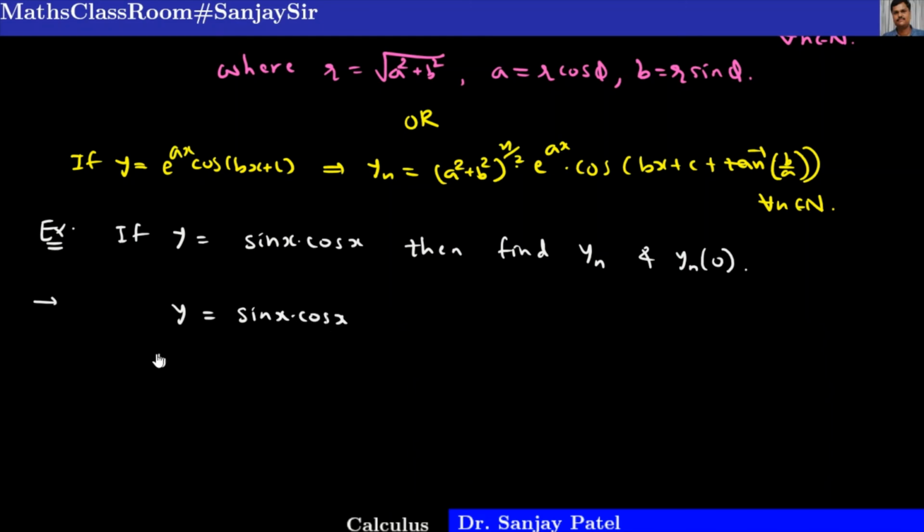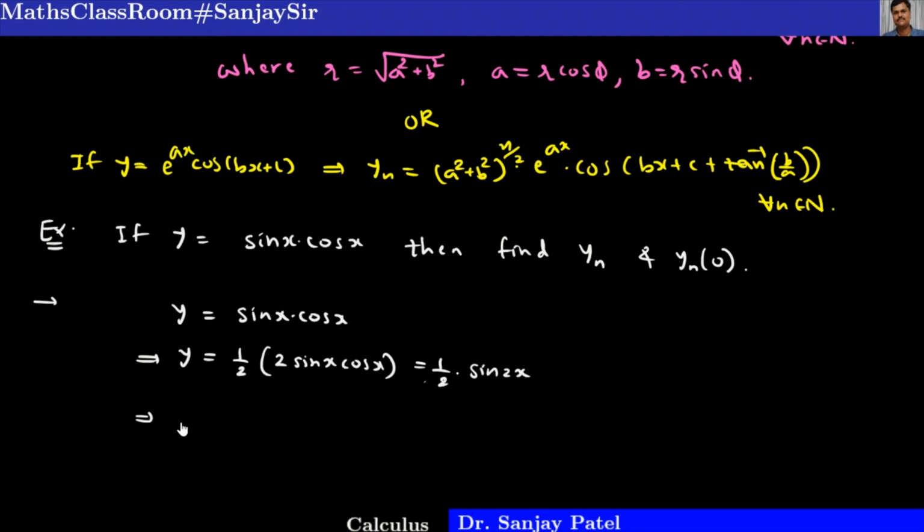We know very well that 2 sin theta cos theta is sin 2 theta, so that converts into only a sine function. So we can write y is equal to 1 by 2 into 2 sin x into cos x, which gives us 1 by 2 times sin 2x. 1 by 2 is a constant in multiplication, so it will not create any problem.